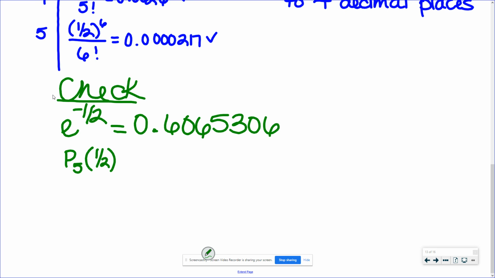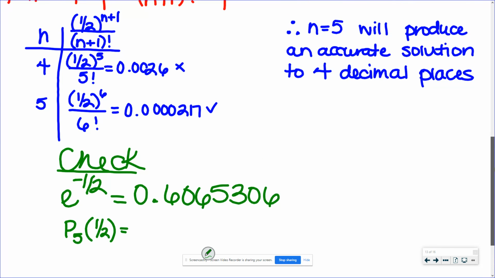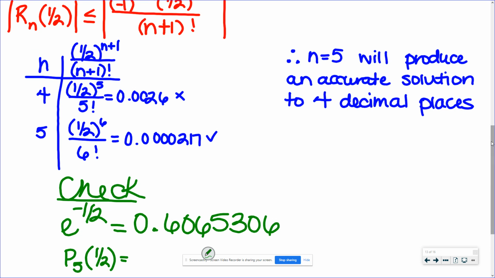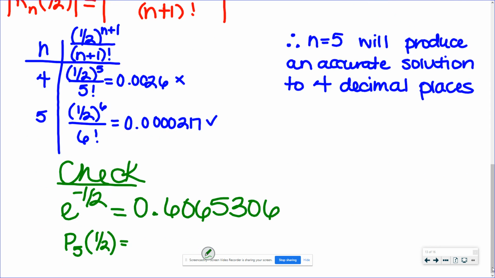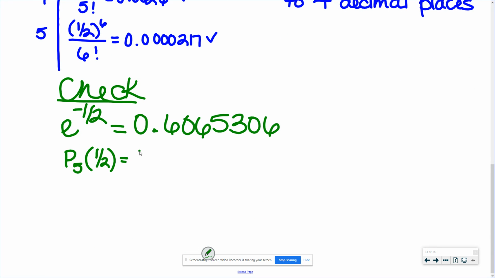And then what you're going to do is see what your Taylor polynomial would equal at n equals 5, so the 5th degree Taylor polynomial. I'm going to write out some of the terms of it, but I would need to go back up and look at this guy right here. So I would plug in n equals 0, plug in 1, plug in 2, and so forth until you get to n equals 5. So those terms would look like this. This is just me plugging in n equals 1, n equals 2, and so forth.